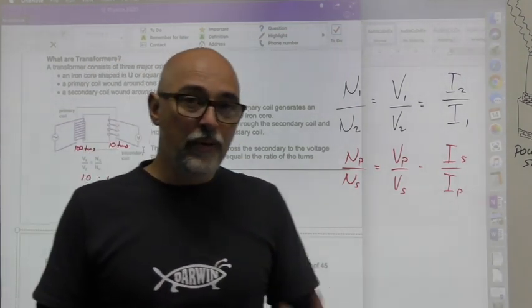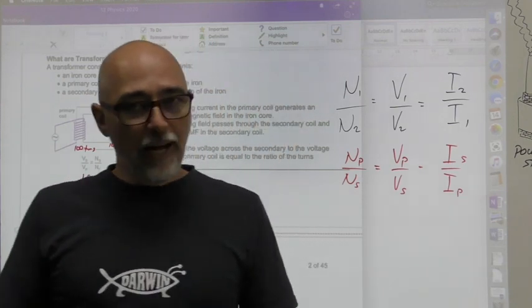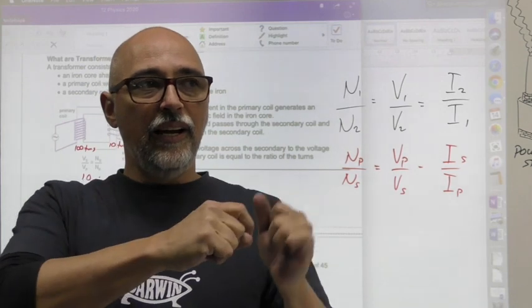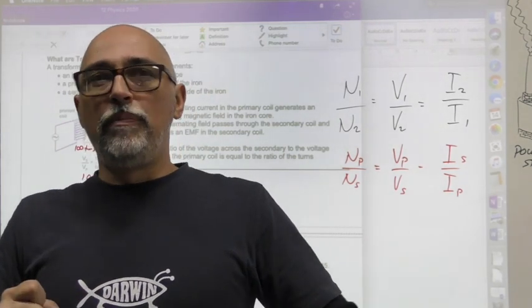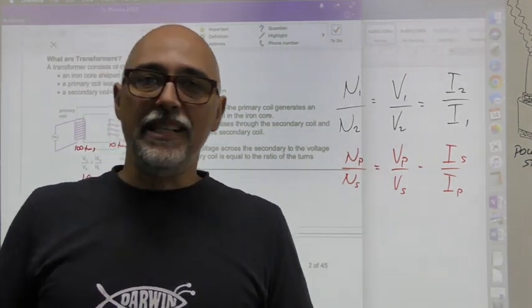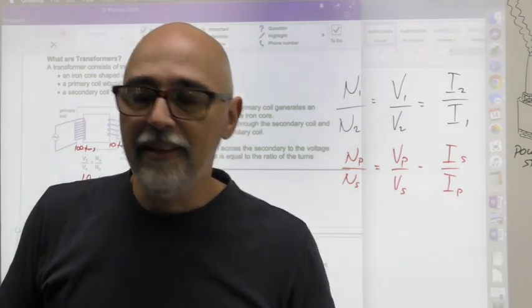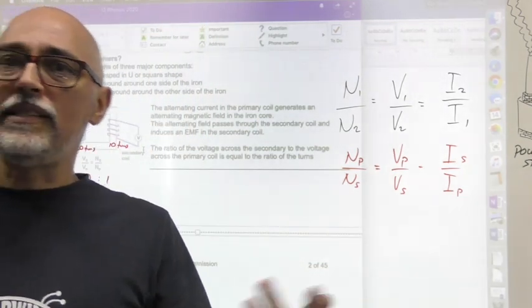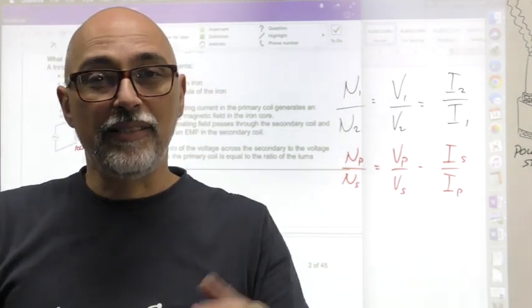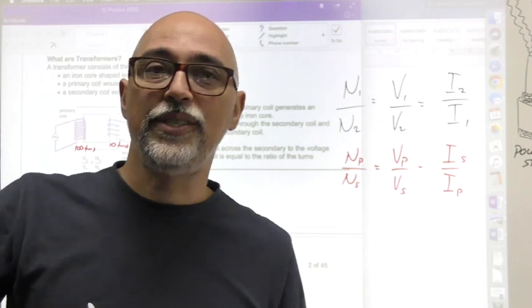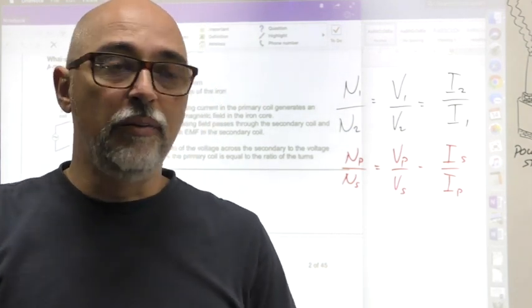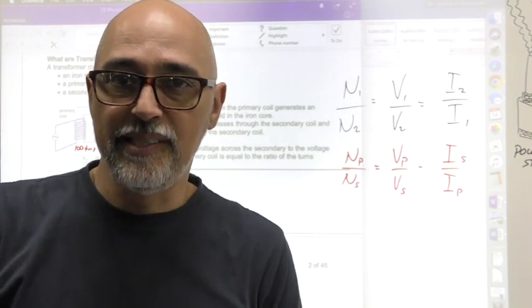Otherwise, if you supply it with a DC current, and they do hit you with questions like this occasionally, what will happen if I replace the AC power supply with a DC power supply? What you should say is that once the DC power supply is attached and switched on, there will be a pulse of current through the secondary coil, and that will then reduce to 0.